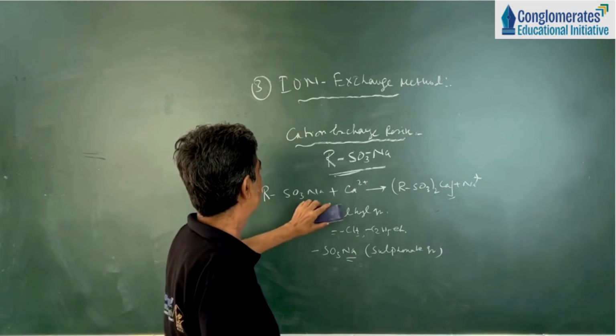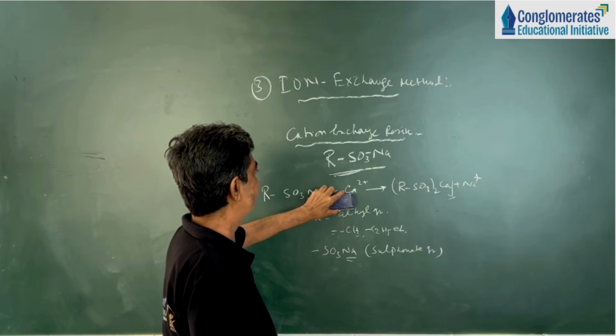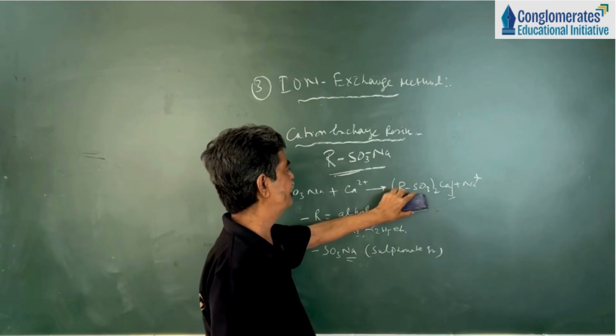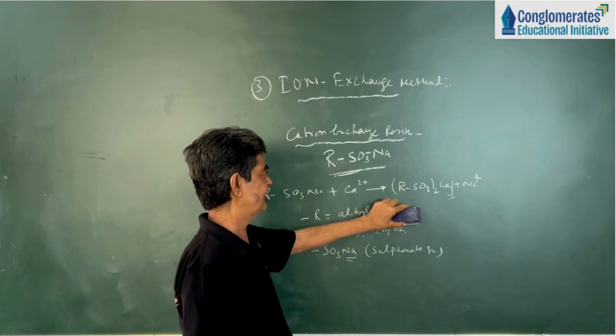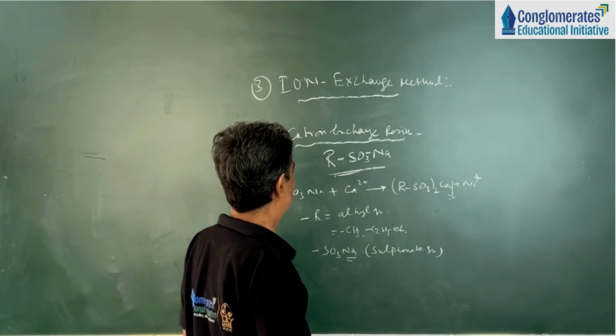Now this RSO3Na, when it combines with the calcium ion, the soluble calcium ion will be deposited as (RSO3)2Ca, calcium alkyl sulfonate, as a precipitate, and sodium ion will be released.